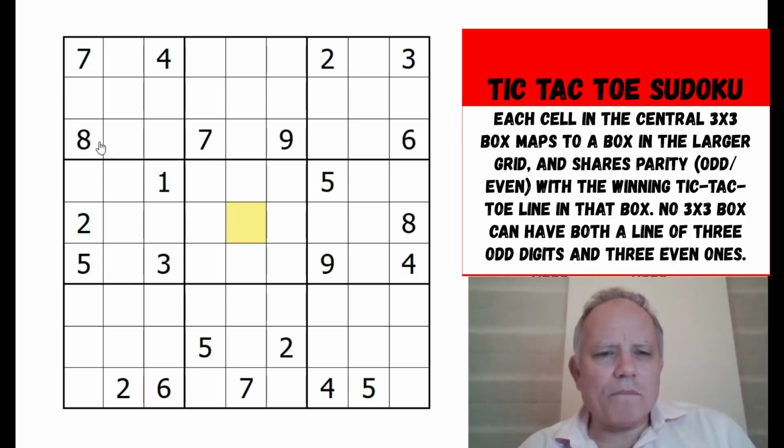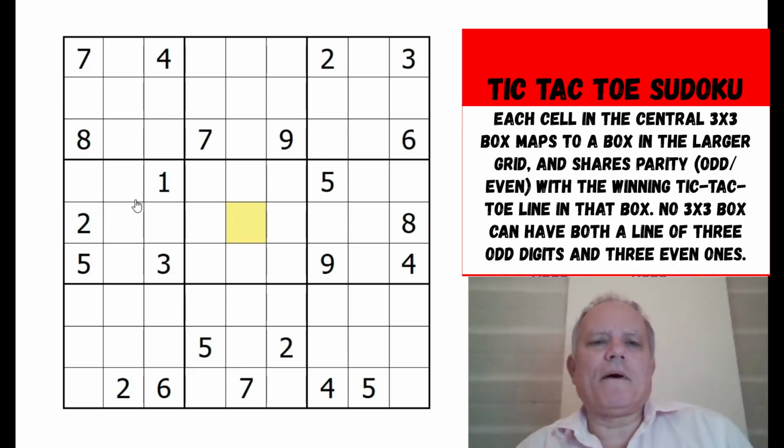And I think that odd boxes, I presume, could be won by two separate rows. Like you might be able to have two rows of odd numbers. Remember, the diagonals are included in tic-tac-toe, so that could be an odd line that wins its box and makes that cell odd.